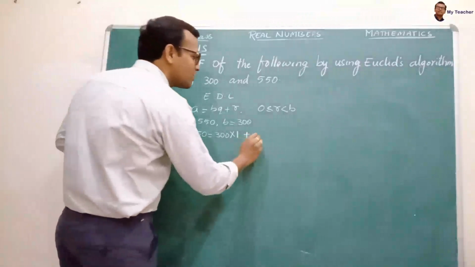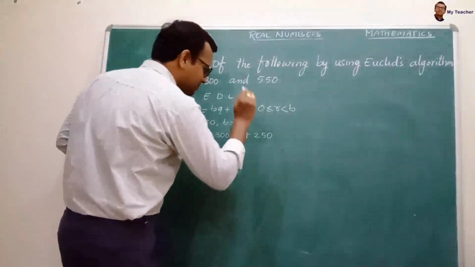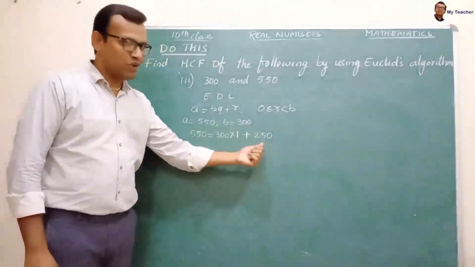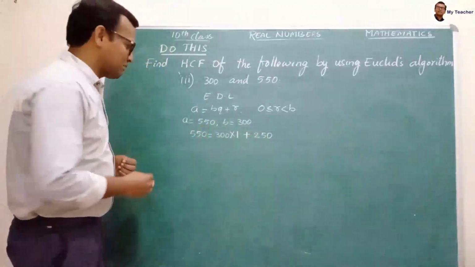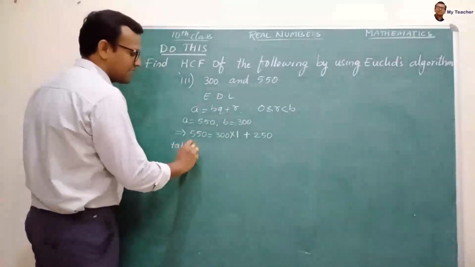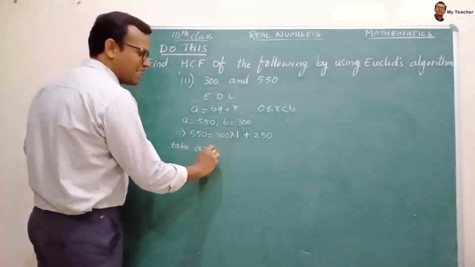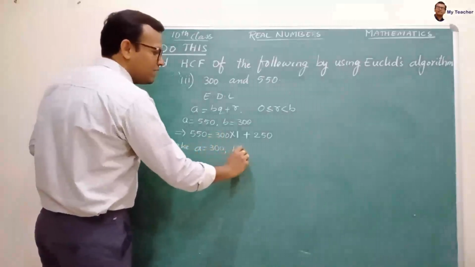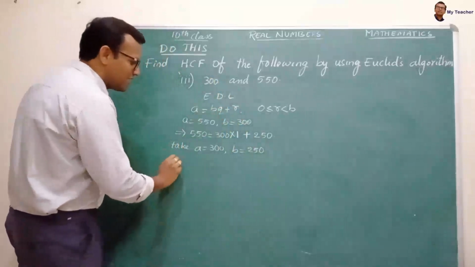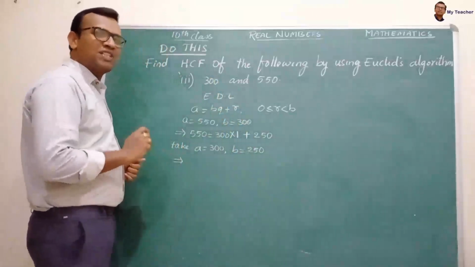Yes, it is 250. Now the remainder is 250. Is it equal to 0? No. So we have to continue. Then take A value as 300 and B value as 250, and further apply the division lemma.